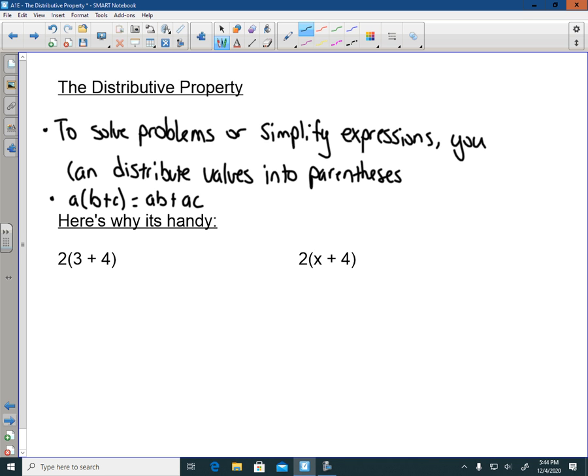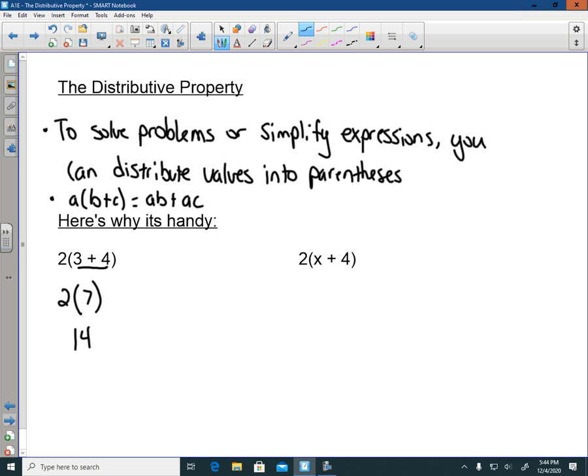You first take care of what's inside of parentheses and add that 3 plus 4, and so have 2 times 7. Then you do the multiplication step and get 14.